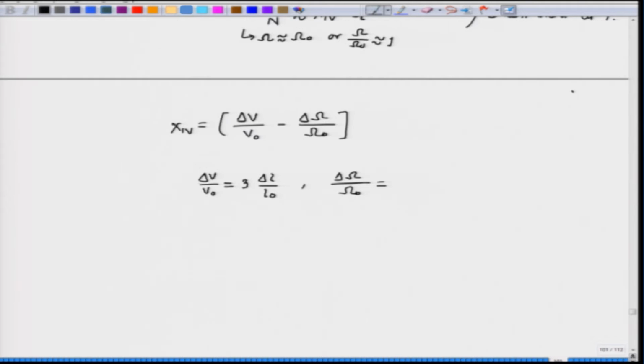So, delta omega by omega 0 is equal to 3 times delta A by A 0, where delta A is the change in lattice parameter because of the heating from T 0 to T, and A 0 is the lattice parameter of the metal piece at T 0. So, we can write this as x 1 v is equal to 3 times delta L over L 0 minus delta A over A 0.